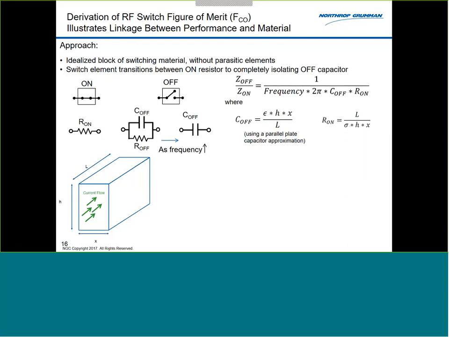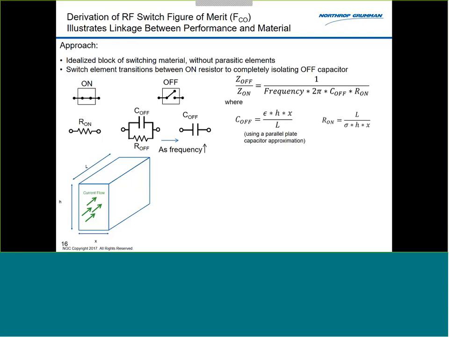And I will note that with this arbitrarily shaped block of imaginary material, I can also think of, well, what is the capacitance of some random block of material? It's going to be associated with the cross-sectional area of that material and its dielectric constant in terms of the off capacitance, and then conversely, a ratio of its cross-sectional area and its length as a function of its conductance.